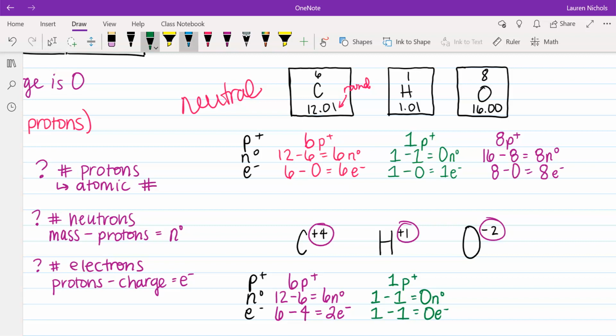And if we look at oxygen, oxygen has 8 protons, and its mass would be 16, and we subtract those 8 protons, and it gives us 8 neutrons. And then for the electrons, it would be 8 minus a negative 2.